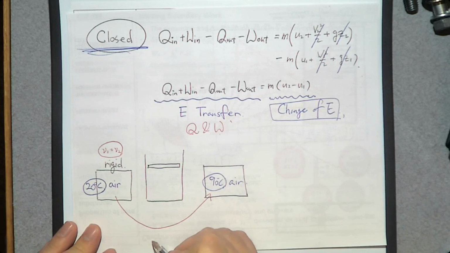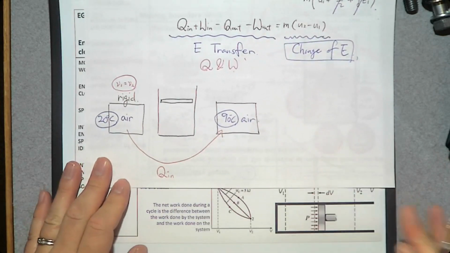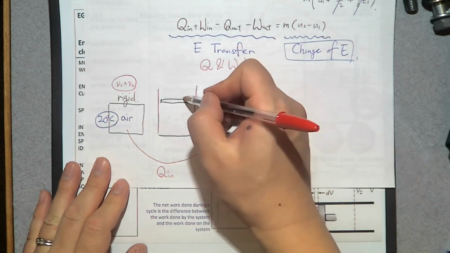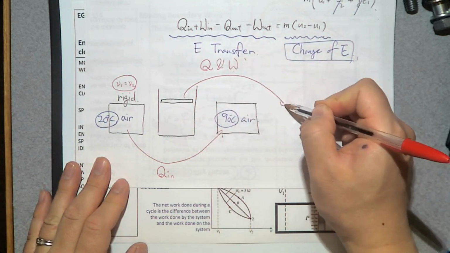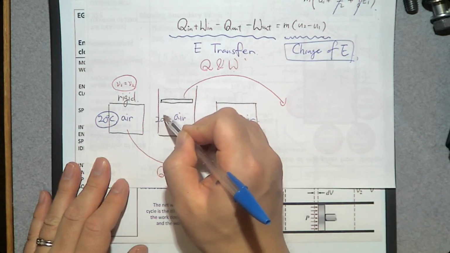So if we heat the system, Q in, what if we heat this piston cylinder device? There is air inside at 20 degrees Celsius.